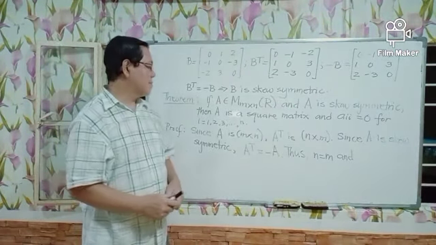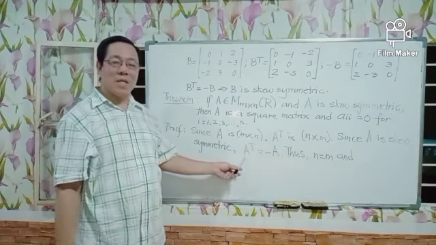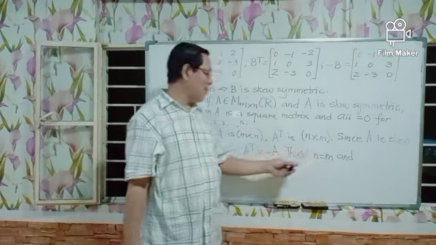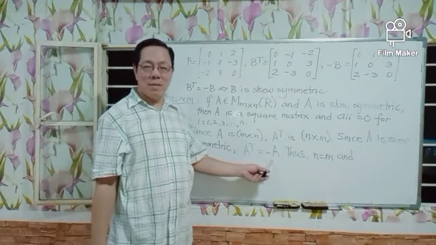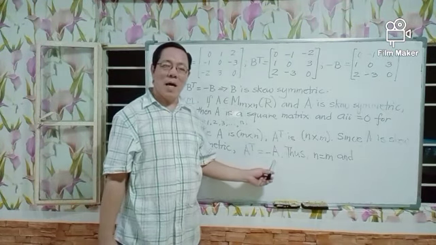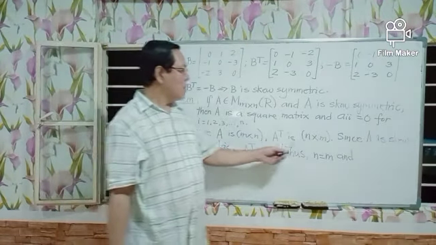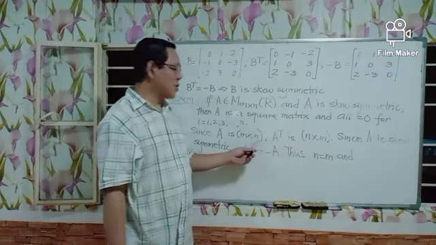And the number of columns of A transpose, which is m, should be equal to the number of columns of negative of A. And the number of columns of negative of A is n. Thus, m is equal to n.